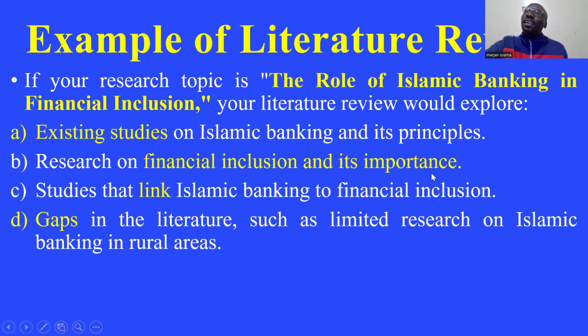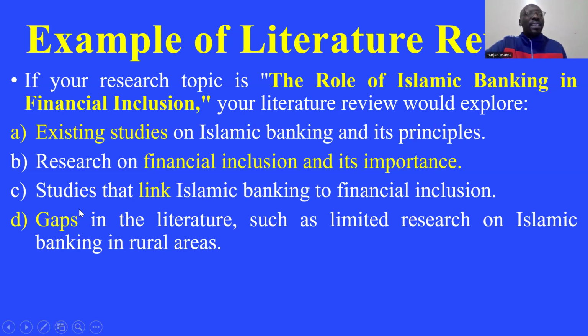So basically, in your research topic, you normally have the independent variable and the dependent variable. So when you are doing a literature review, you have to review articles and past studies that are related to, number one, your independent variable, then number two, your dependent variable.